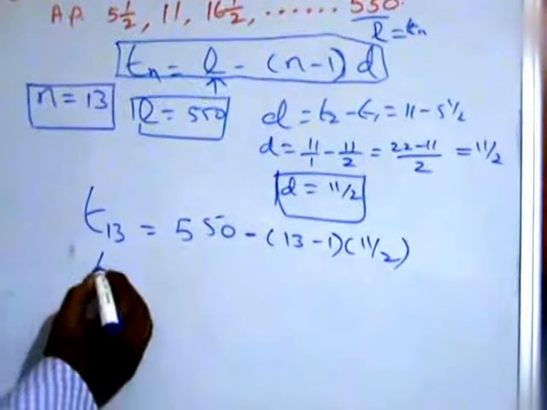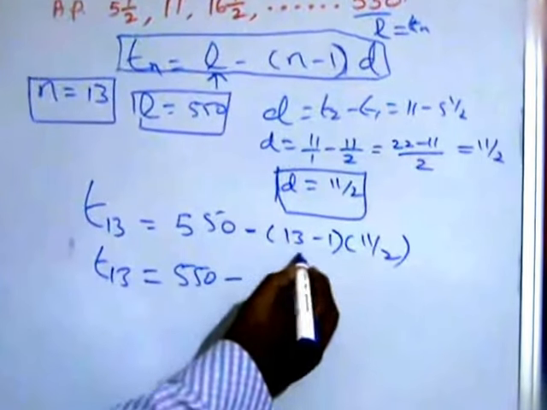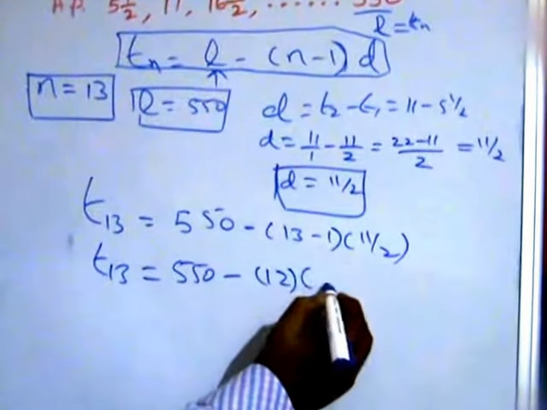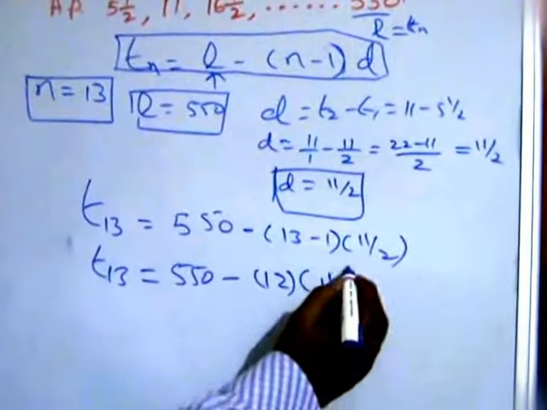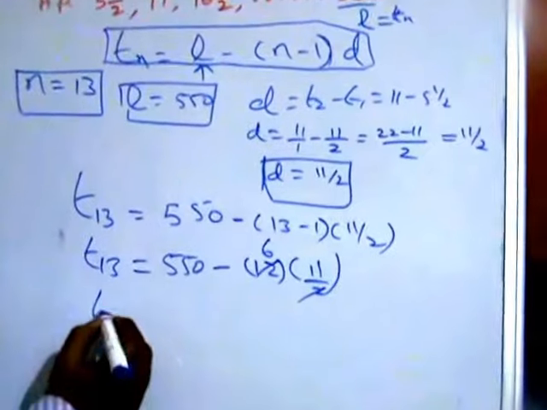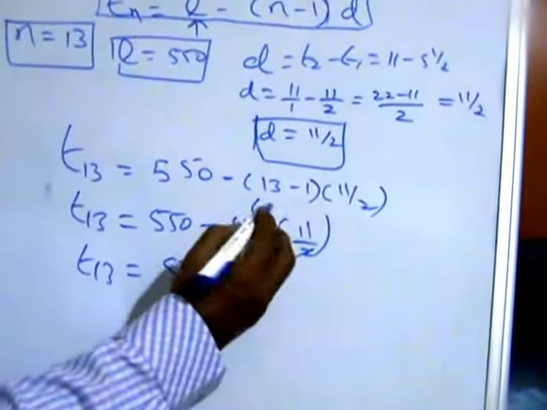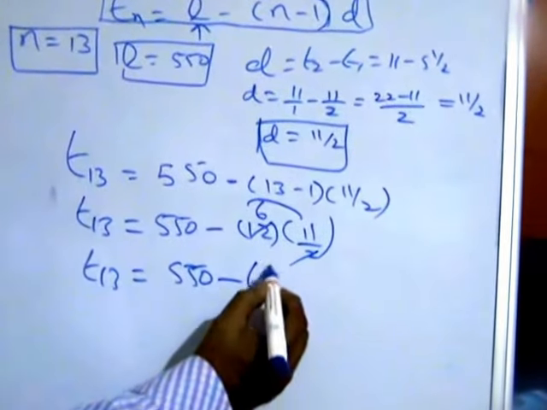Now look here. T13 is equal to 550 minus 12 into 11 by 2. The 2 goes into 12 six times. So T13 is equal to 550 minus 6 elevens, which is 66.